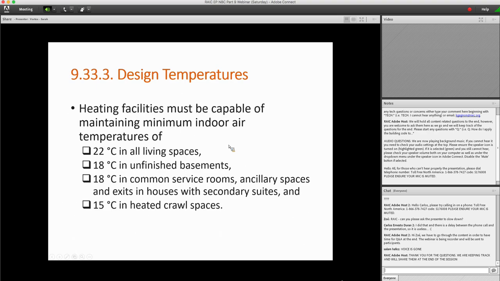These heating facilities must be capable and designed to maintain a minimum indoor temperature of 22 in all living spaces, 18 in unfinished basements, common service rooms, ancillary spaces, and exits in houses with secondary suites, and 15 degrees Celsius in heated crawl spaces. By comparison, the OBC does have slightly different requirements, so that is something to keep in mind. There are just slightly differing numbers that are required.